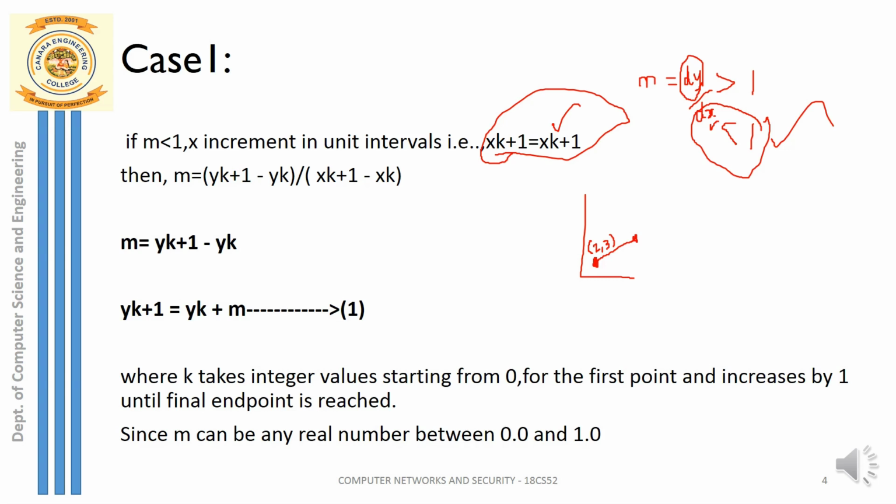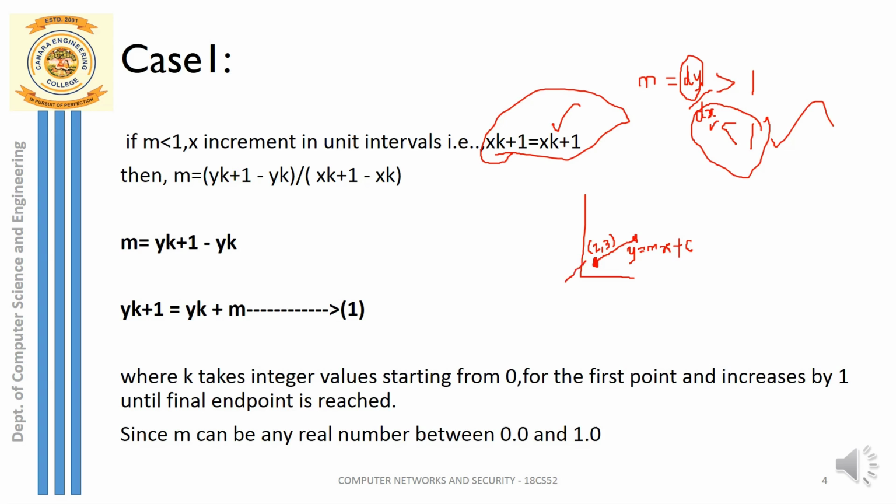Now, every line has a line equation, right? What is the equation of a line? y is equal to mx plus c. What is m there? m is the slope of the line, that is dy by dx. And what is c?